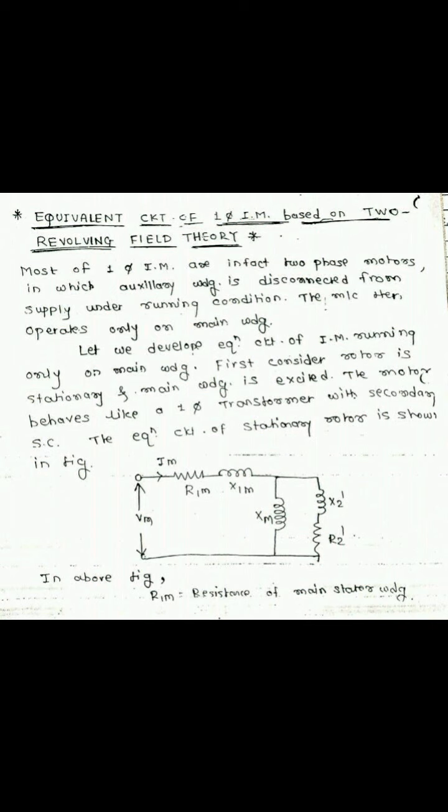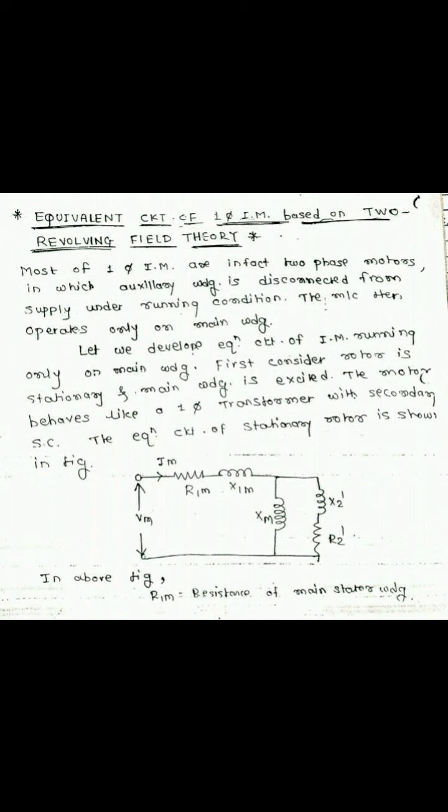Basically a single phase induction motor is called a two phase motor in which the auxiliary winding is disconnected from the supply under running condition. The machine then operates only on the main winding. So the auxiliary winding is used only for starting of a single phase induction motor.